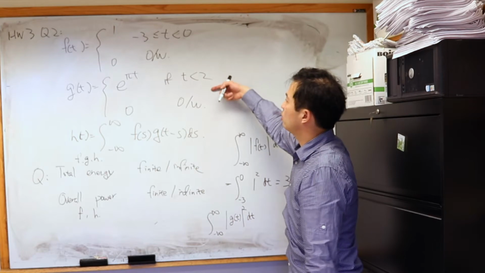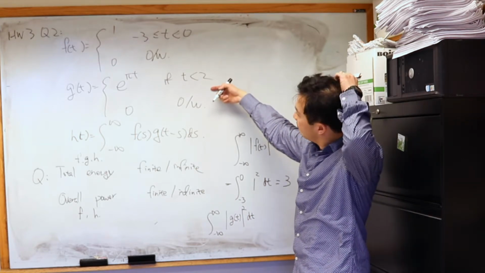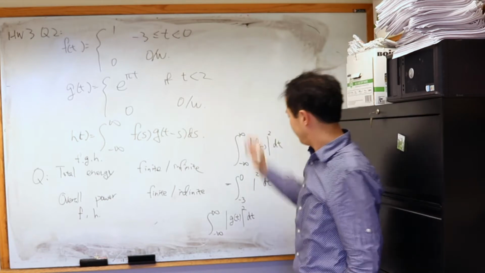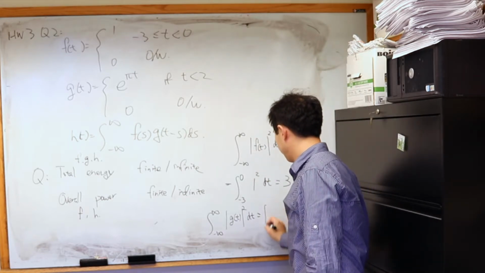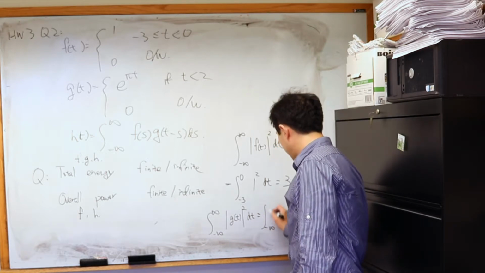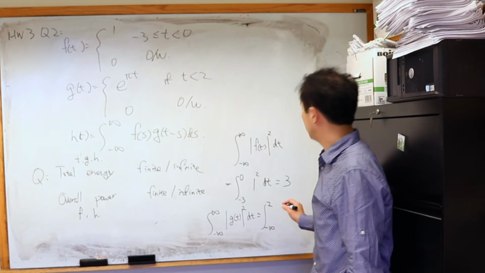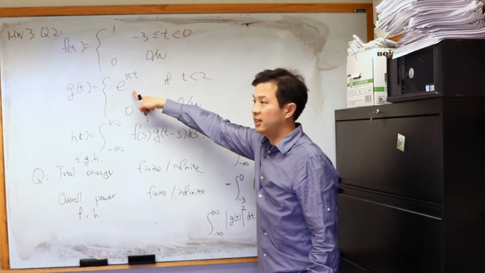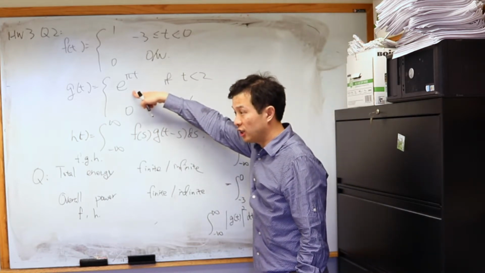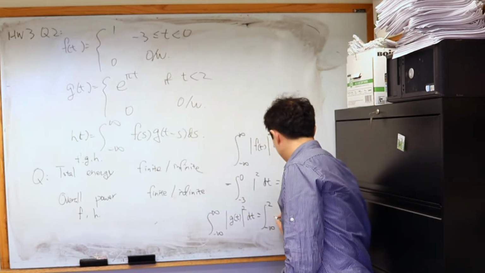Okay. How do I continue? You rebound it with t, so the bounds have to be, as long as t is less than 2, from negative infinity to 2. Very good. Negative infinity to 2. The integrand is exponential pi t, absolute value squared is exponential 2 pi t. So exponential 2 pi t.